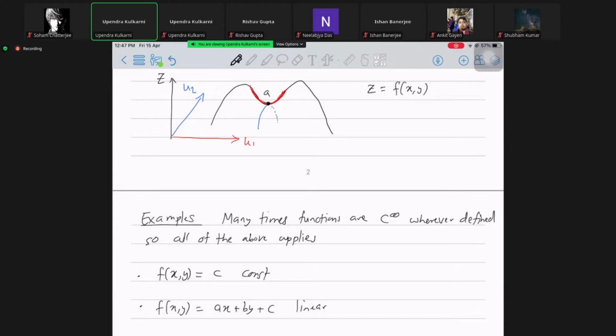Okay. What about for the linear function? The Hessian is again zero, but what about critical points? And let us assume that linear is actually linear in the sense that A and B are not both zero. So what happens? How many critical points do I have over here?